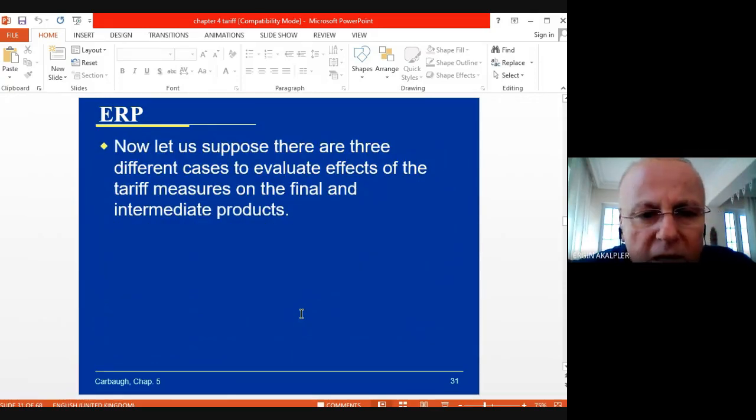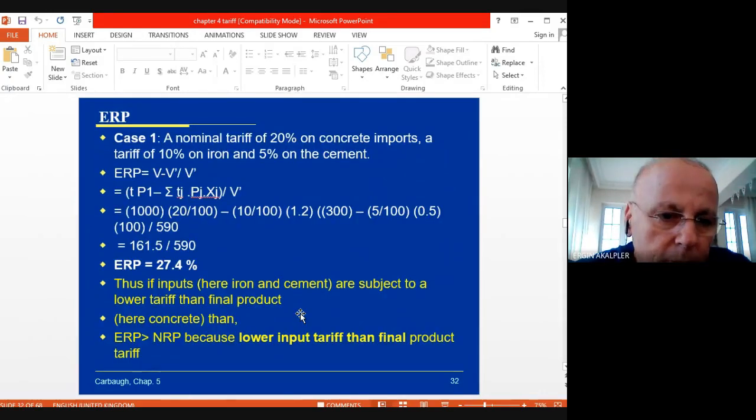Now let us suppose there are three different cases to evaluate the effect of tariff measures on the final and intermediate goods, because we want to know whether tariff escalation is realized or not. We want to know whether it is better for a country to apply the tariff to the input, to import or export, or to apply it to the finished goods. In the first case, there is a nominal tariff of 20% on concrete imports, a tariff of 10% on iron, and 5% on cement.